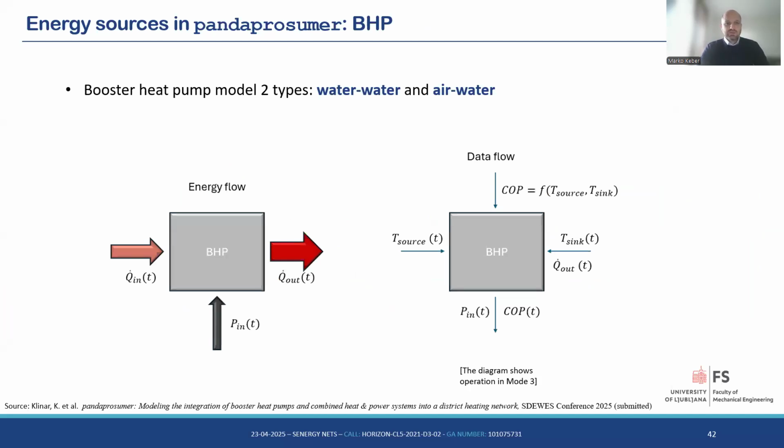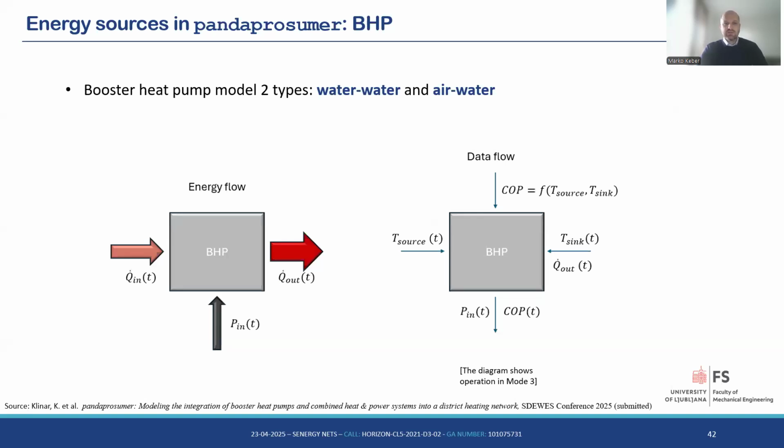Okay, the booster heat pump, the second energy source that we looked at in more detail, is slightly different. It requires heat and electrical power inputs to give out, I would say, boosted or increased heat. So the idea here is that there's energy coming in.